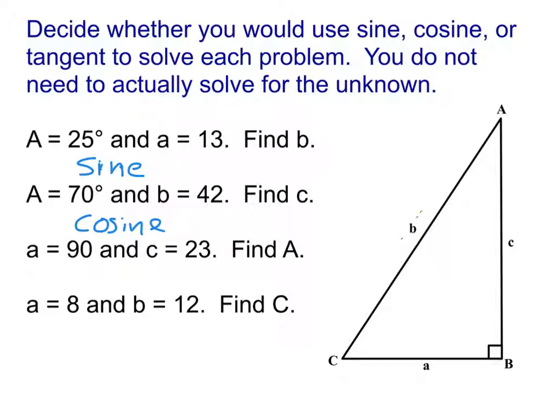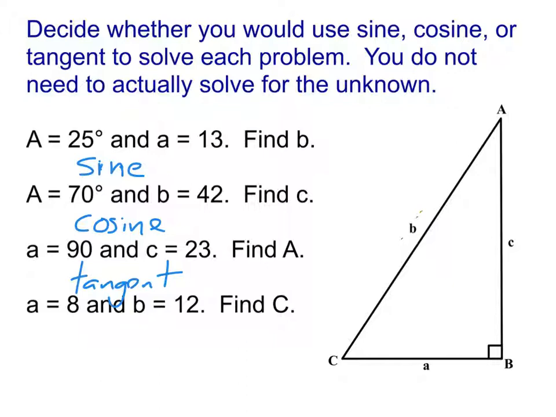And so then it's a matter of which of the three trig ratios involves the opposite and the adjacent. That would be tangent. The T of SOHCAHTOA, TOA. So it's opposite over adjacent. If I were solving this, then I would say tangent of the angle equals whatever the opposite is over whatever the adjacent is.